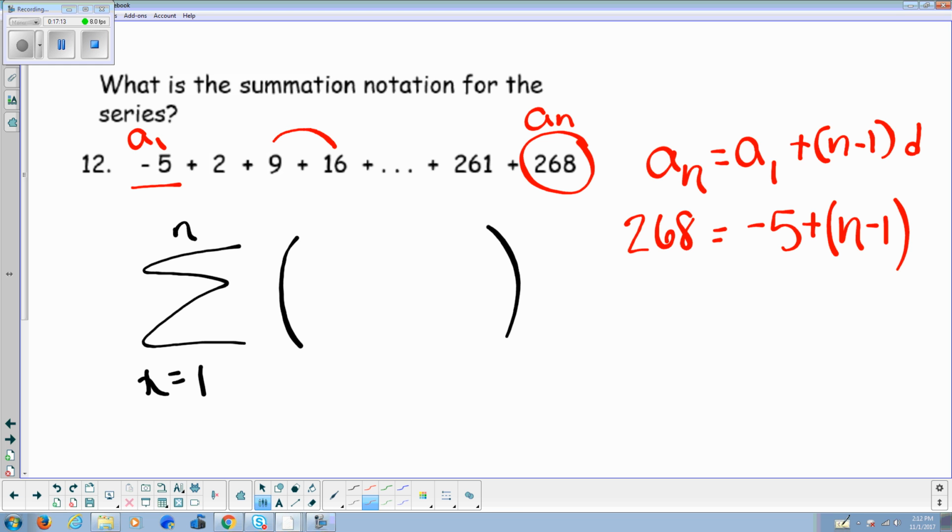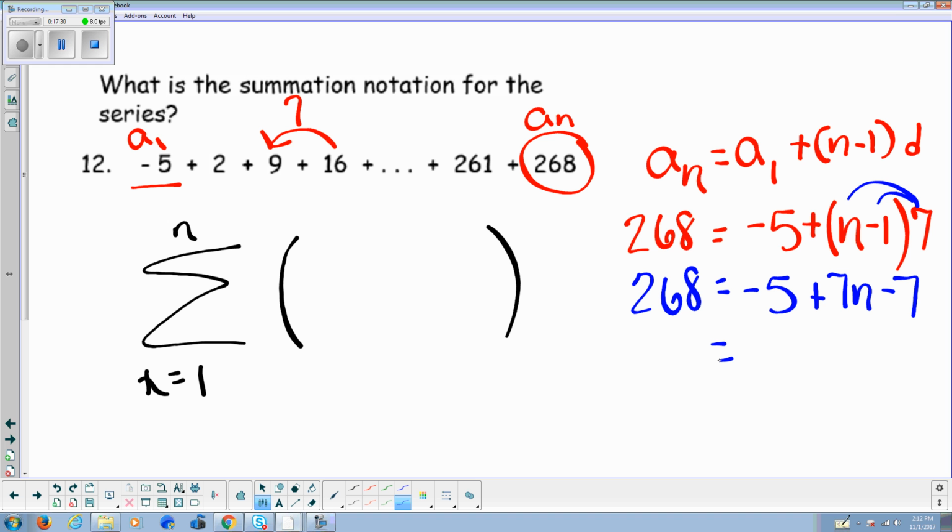If we just do some subtraction here, 16 minus 9 is exactly 7, so the common difference is 7. Backwards distribute, 268 equals negative 5 plus 7n minus 7.